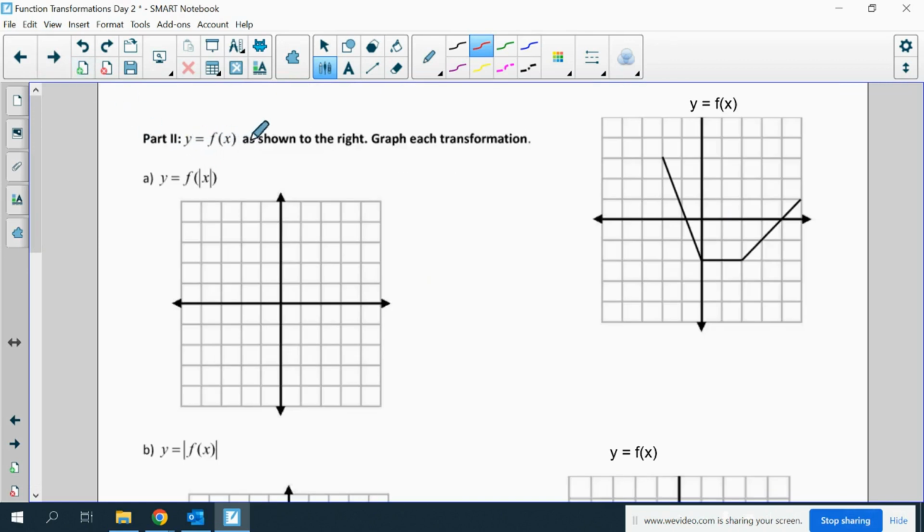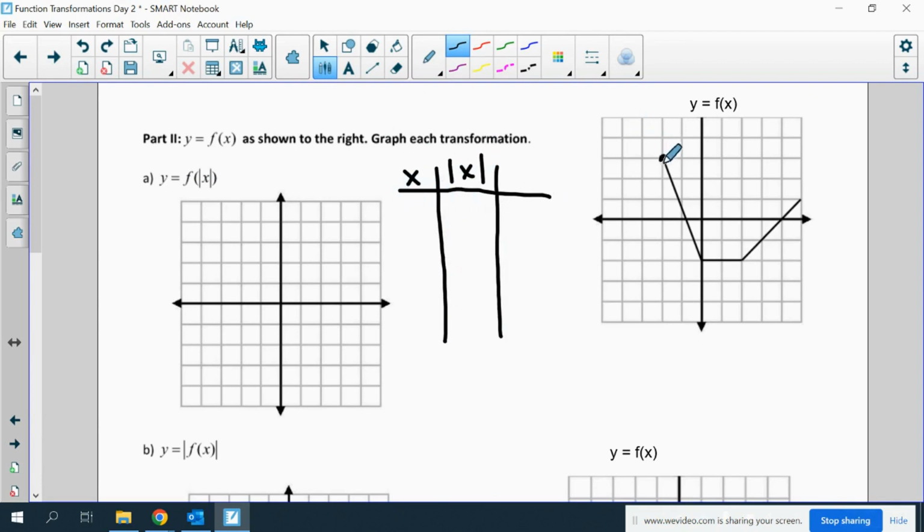Part 2, we're going to graph some of these. So if I take absolute value of x and then do the function value of that, let's quickly make a chart.